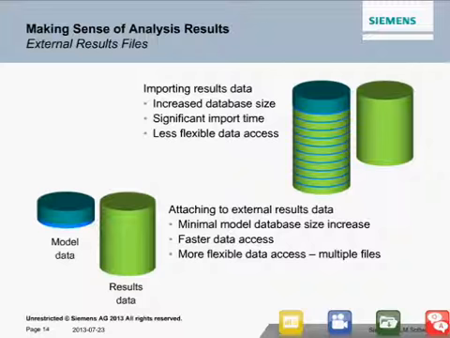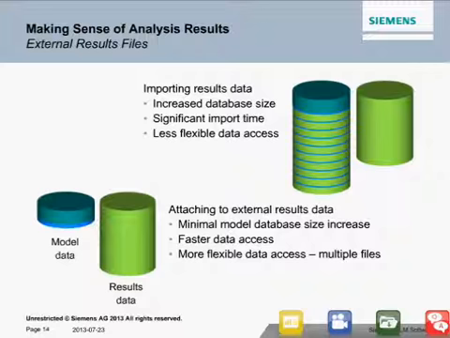So in a recent release, as I mentioned, there's a way of attaching to the results database. So the results database just sits there by itself, and FEMAP attaches to it. So there's no importing the results. The database size increases slightly because it has to import some address data, which is the blue cylinder that you can see. But that's minimal.